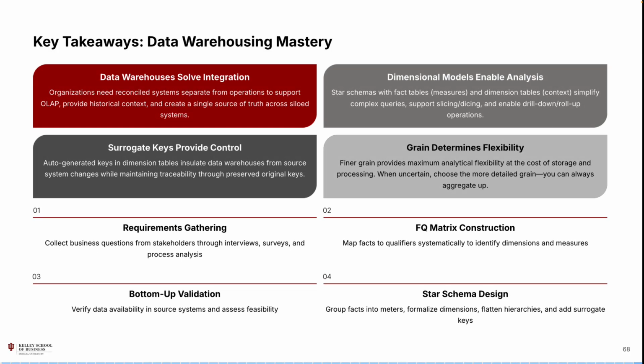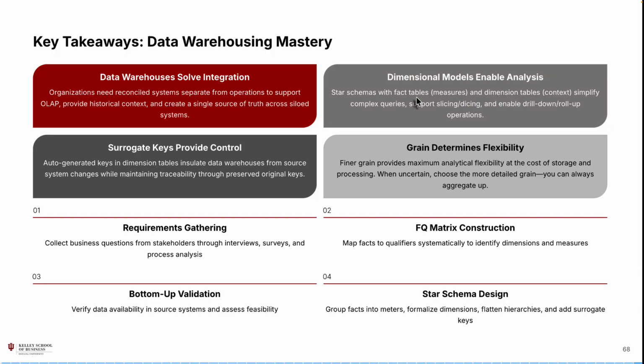So that concludes our data warehousing journey. The 4 key takeaways that define data warehousing are, first of all, the data warehouse solves the integration problem. They provide a reconciled system separate from operations, and this will create a single source of truth. Second, the dimensional model will enable analysis.